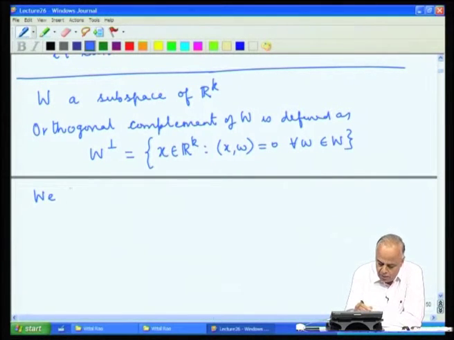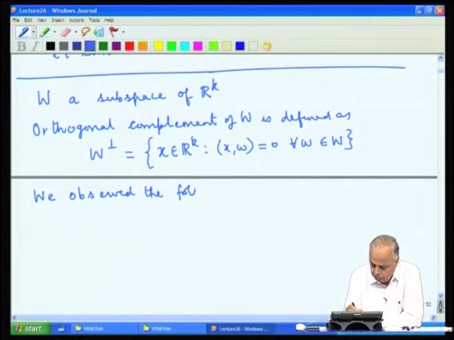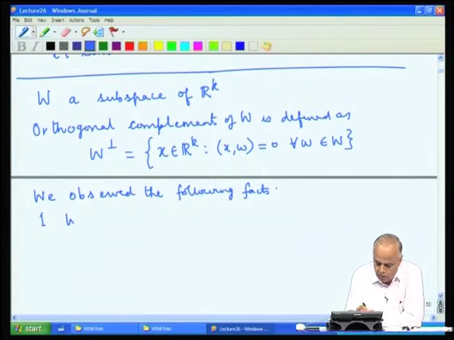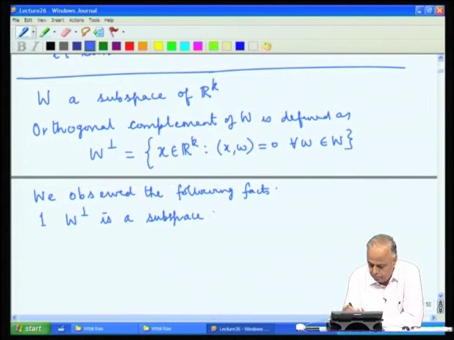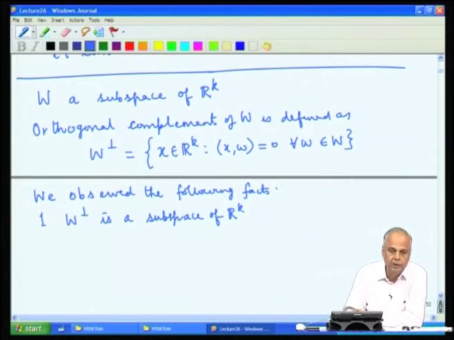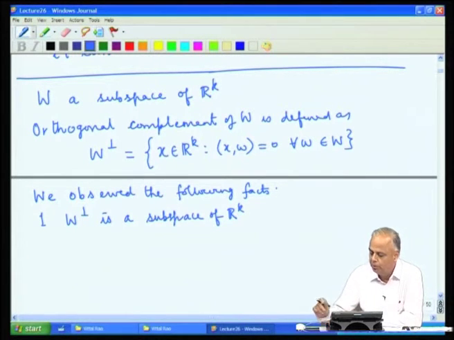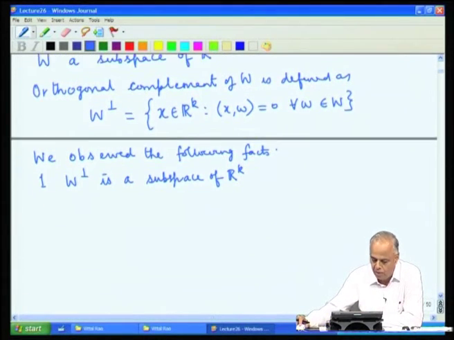We observed in the last lecture the following facts. What are they? The first thing that we observed was that W perp is a subspace of R k. This is the first simple observation. The W perp is forced to be a subspace of R k.